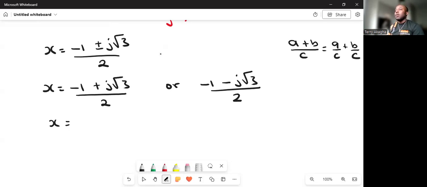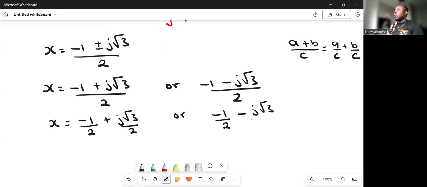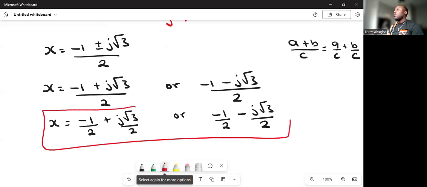So x is going to be -1 over 2 plus j root 3 over 2, or it's going to be -1 over 2 minus j root 3 over what? 2. And that will be the answer for that. Okay? Or if you want to write it also, you can say minus 0.5 plus j root 3 over 2, or minus 0.5 minus j root 3 over 2 is the same thing. And that is that for that.